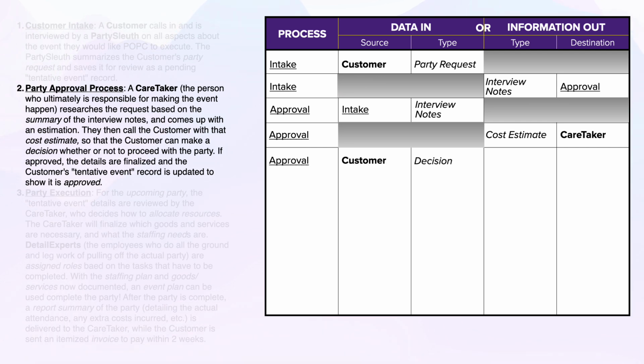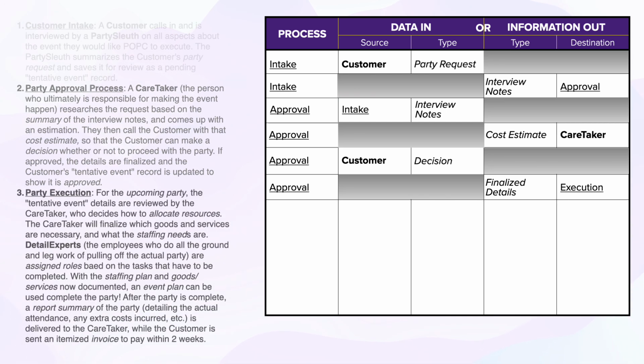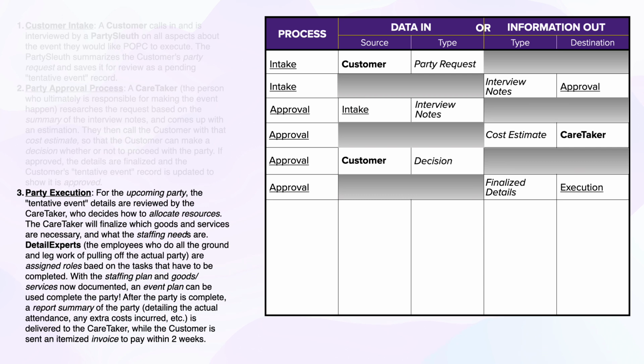And as we go through approval, there is another input from the source of customer, and that input is decision. There is an output in the form of finalized detail, and that is a part of our next process, which is party execution.